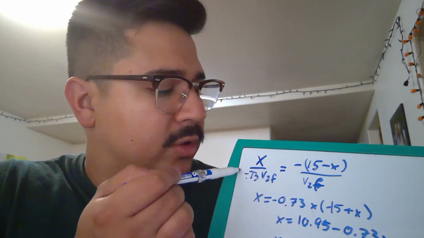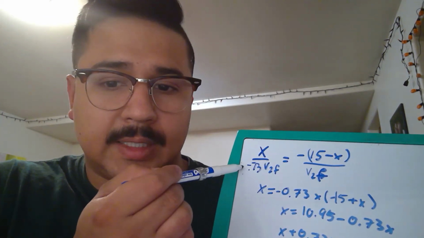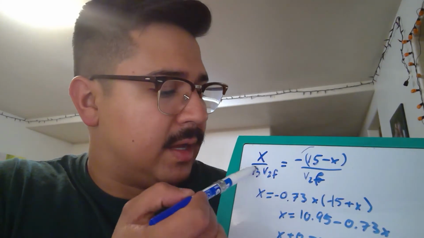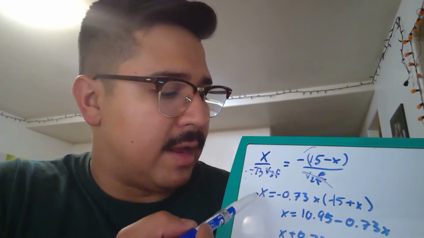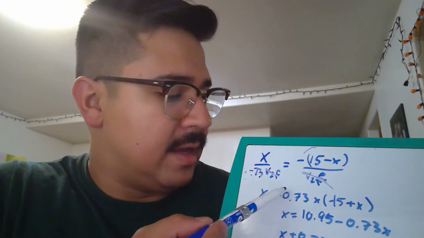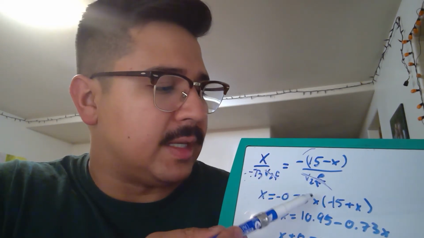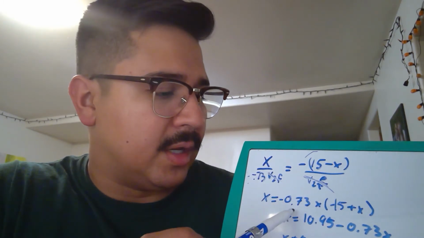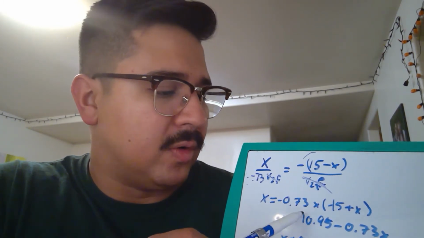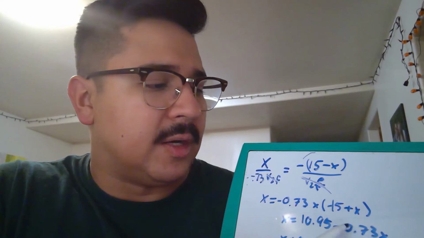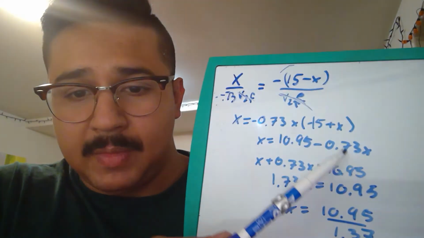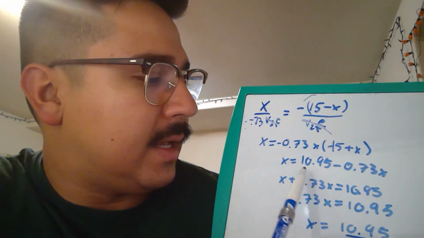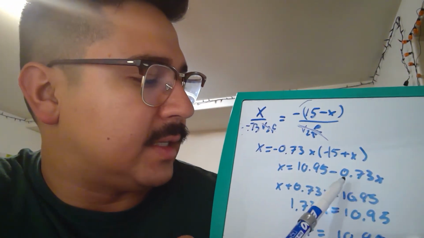So when I multiply to get x by itself, the V2Fs are going to cancel out, and I'm going to get x is equal to negative 0.73 times negative 15 plus x. So then I'm just going to carry that out. It's going to be x is equal to 10.95 minus 0.73x.